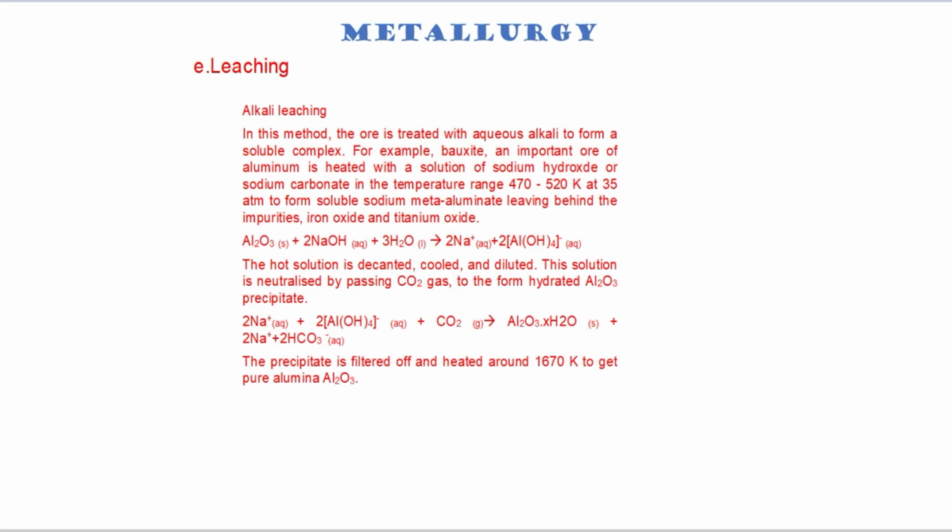The hot solution is decanted, cooled, diluted, then is neutralized by passing CO2 gas, where the hydrated aluminum oxide is formed as insoluble compound. This hydrated aluminum oxide is filtered and separated, then heated to get pure alumina.